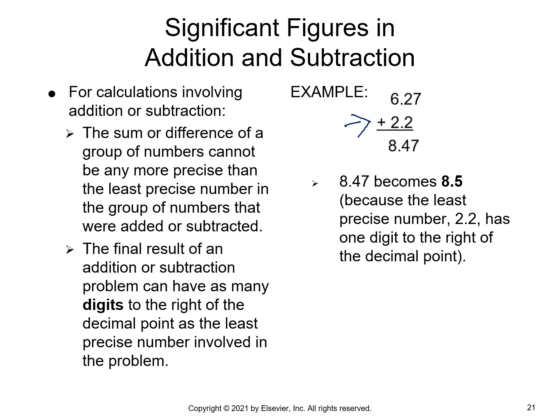To determine how many significant figures we have, we use the least precise number, 2.2, with 2 significant figures. So we need 2 significant figures, which means we drop this last number. Going back to our rounding rules, because it's a 7, which is higher than 5, we round up. So we have 8.5.